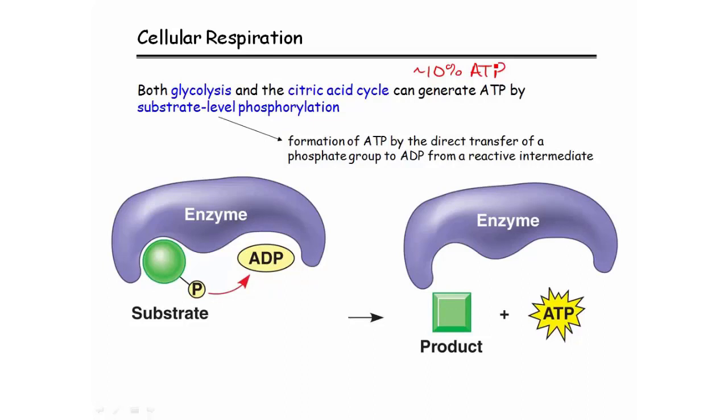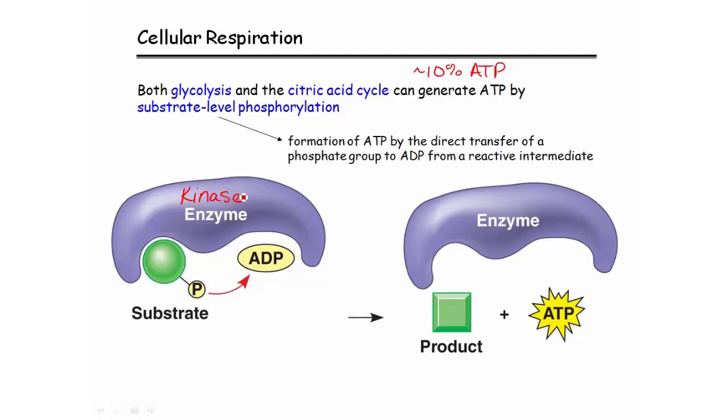In substrate level phosphorylation, we will have an enzyme that is called a kinase enzyme. This kinase enzyme is going to transfer a phosphate group from a substrate onto the ADP to yield ATP, which is exactly what we want.